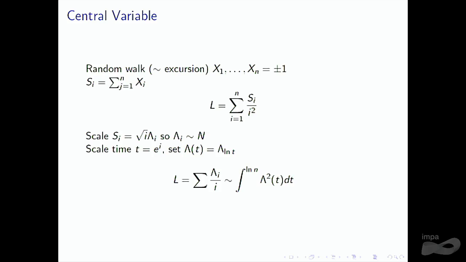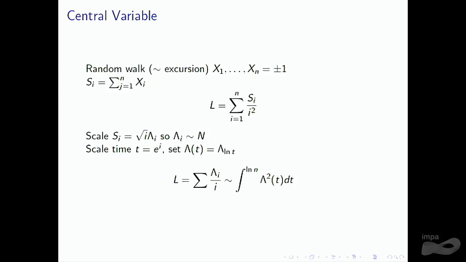Okay. So in terms of the mean, the expected value of S_i squared is i. So the mean is simply the summation of 1 over i, which is like log n, which is like natural log of n. Okay. But we'll be interested in the Laplace transform, or equivalently, we'll be interested in large deviations for capital L. So there are two elements of scaling that are very helpful.